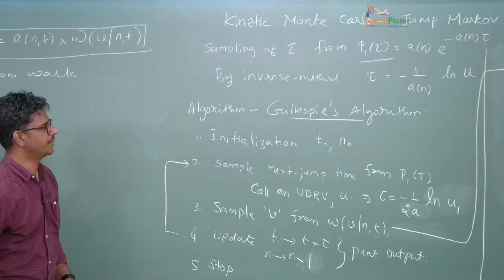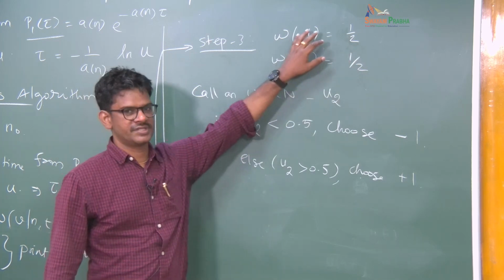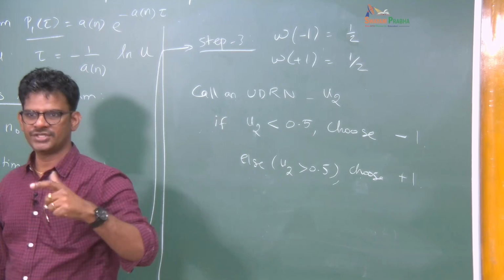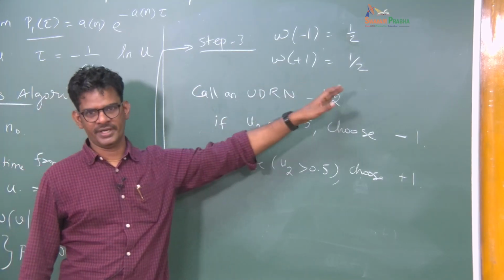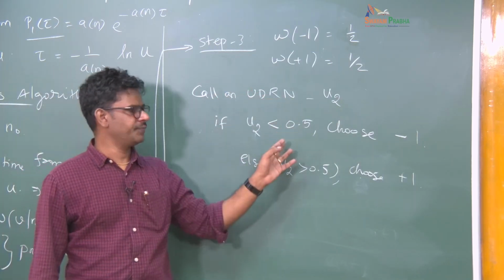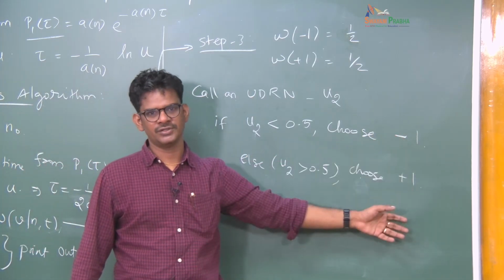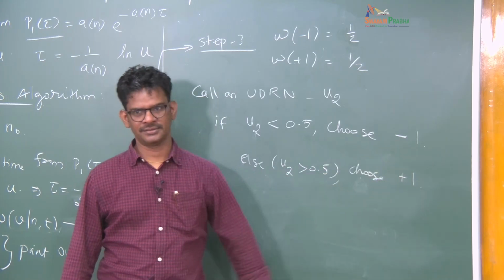So, when you have a probability like this, you have a 50% chance of choosing plus 1 and another 50% for minus 1. In order to make a decision, you call a random number u2, from 0 to 1. If the called random number is below 0.5, you choose minus 1, otherwise choose plus 1. This order can be changed also if you like, it does not matter.